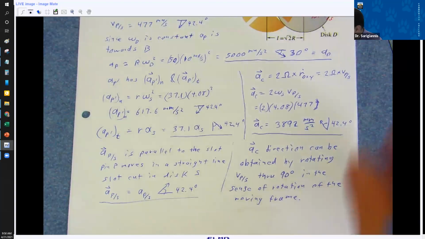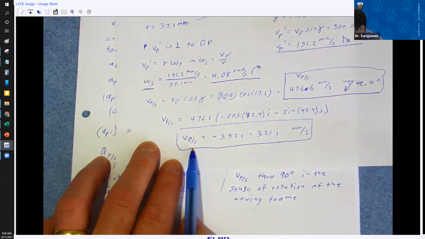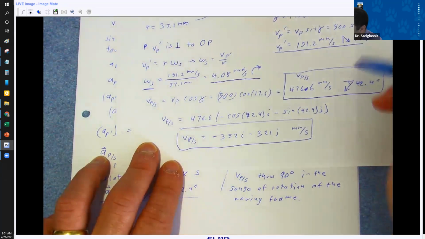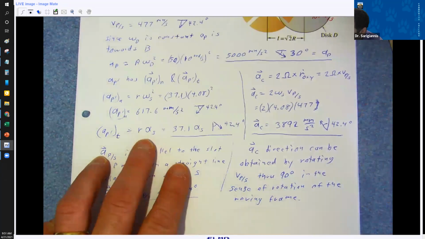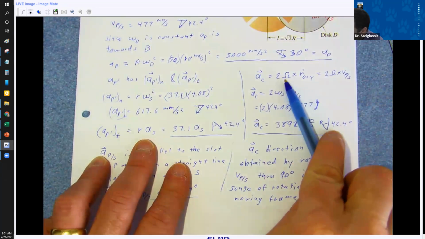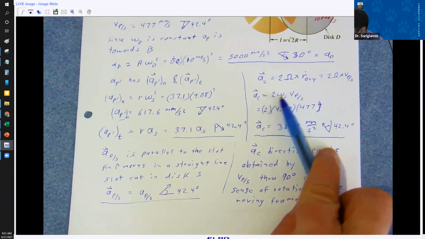So remember I showed you up here, I said, okay, VP is pointing downward. I'm cross-producting this. That's kind of what you're doing. Physically, what you're doing is you're rotating it through the frame of reference, but mathematically, it's the cross product with the rotation, omega.